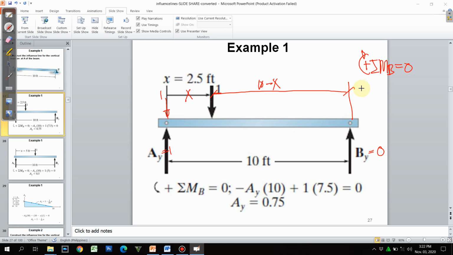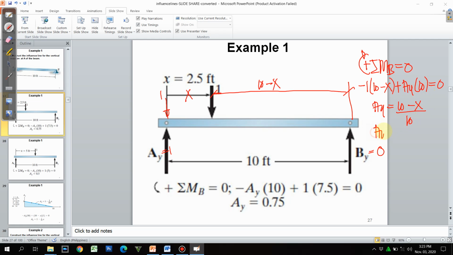So basically we have a counterclockwise moment, -1, with the moment arm of 10 less x, plus your AY times 10, and this equals 0. Solving now for AY, AY is equal to (10 minus x) all over 10.